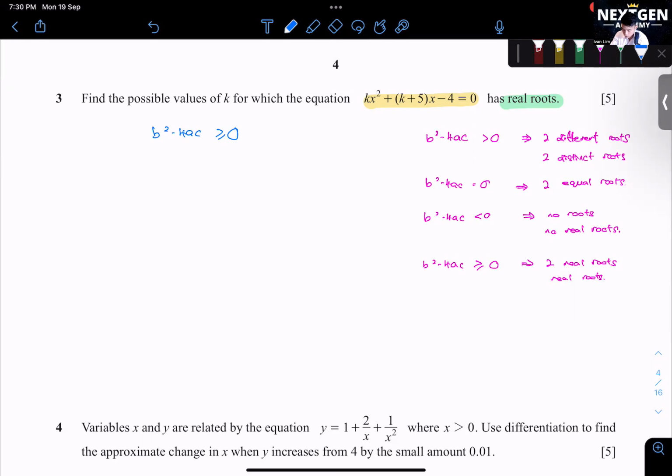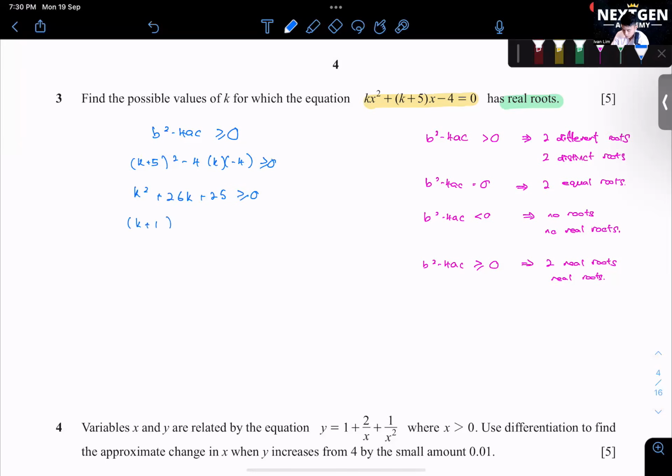So let's put in the values. K plus 5 squared minus 4ac, more than or equals to 0. Open out the bracket: k square plus 26k plus 25 more than or equals to 0. Factorize this.